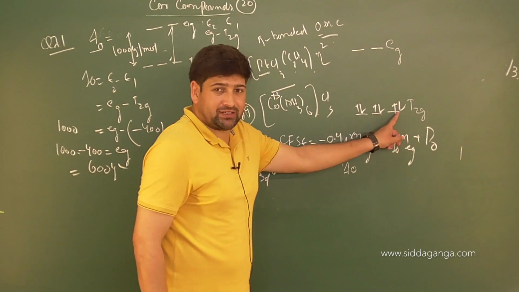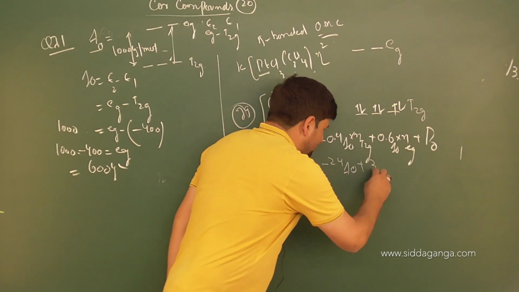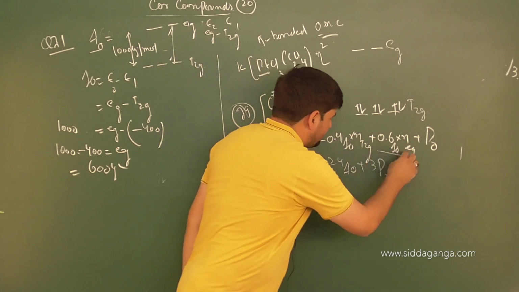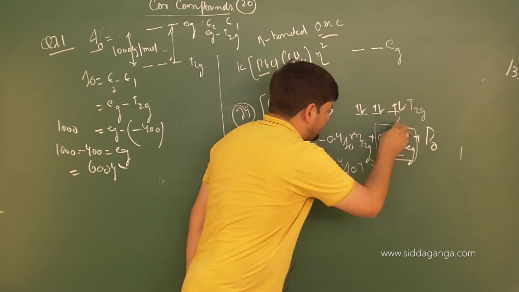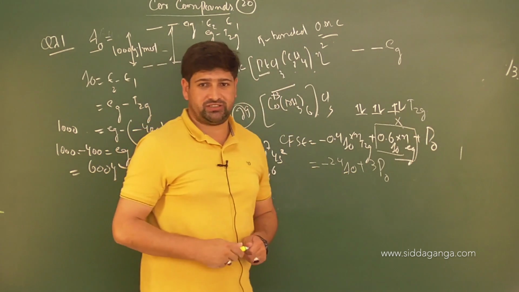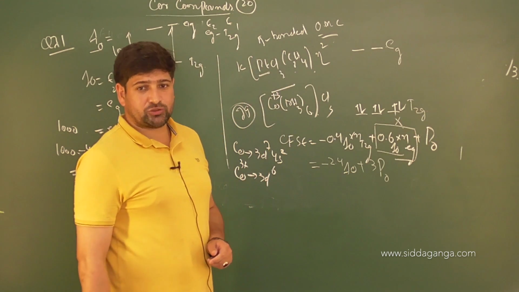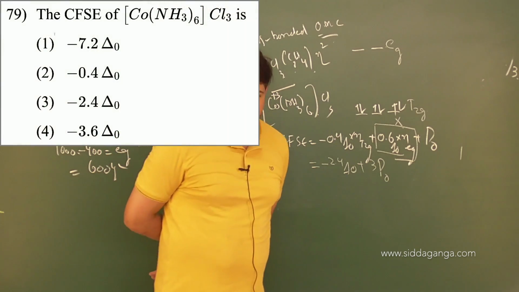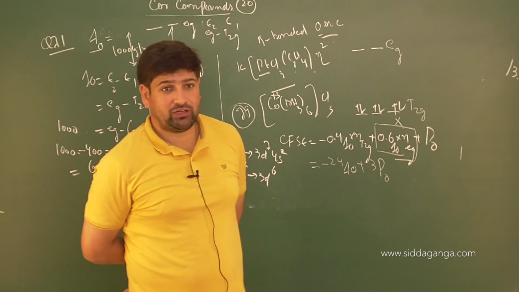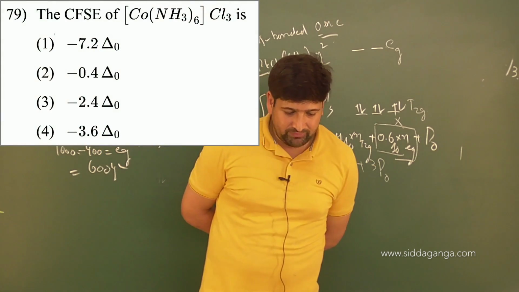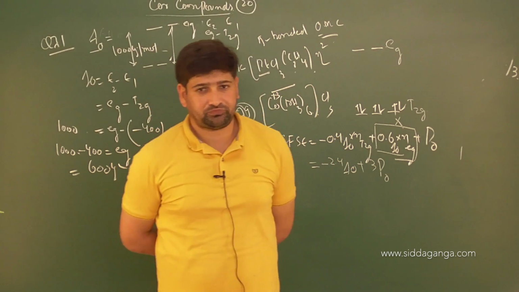How many pairings are there? 3 pairings in the octahedral field. This need not be taken into count because it is not existing there. There is no electron in the eg set. So the correct option will be minus 2.4 Δ0 plus 3 pairings. They have not mentioned the 3 pairings here. The correct option will be option 3 for this question.